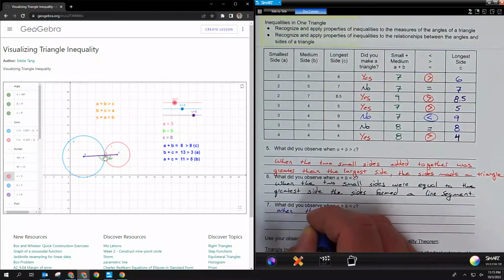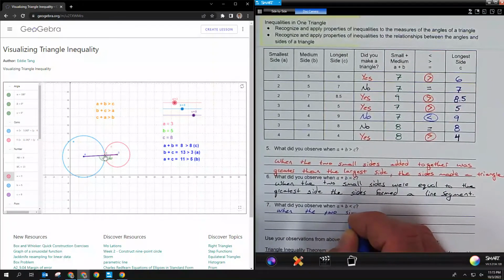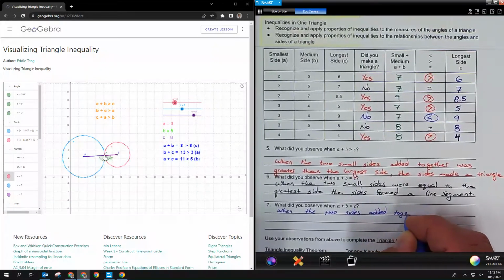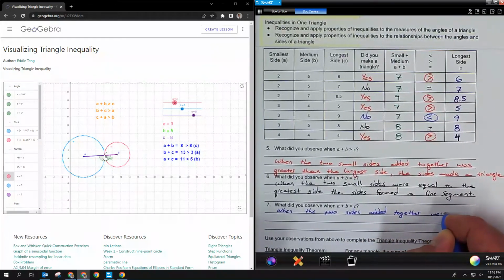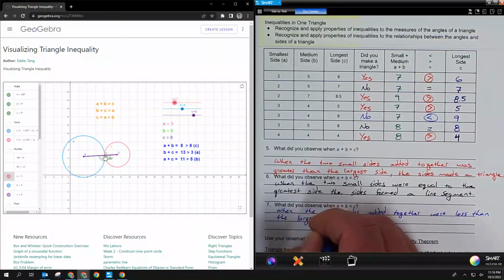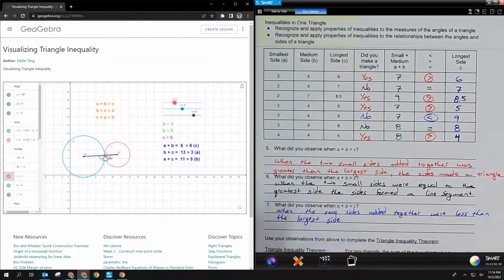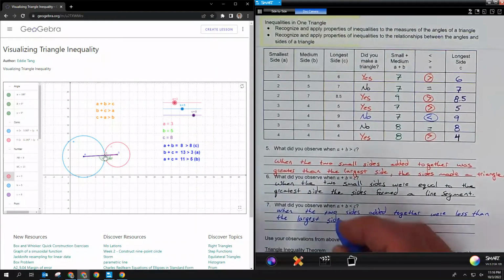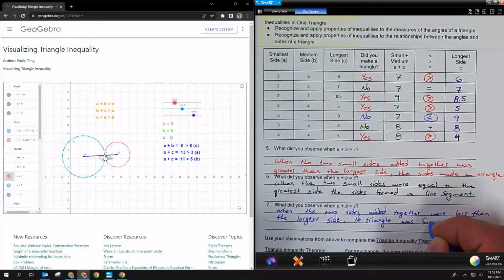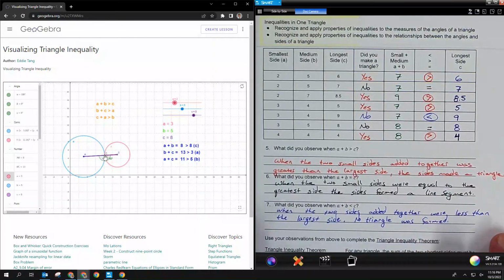So when the two sides added together were less than the larger side, no triangle was formed.